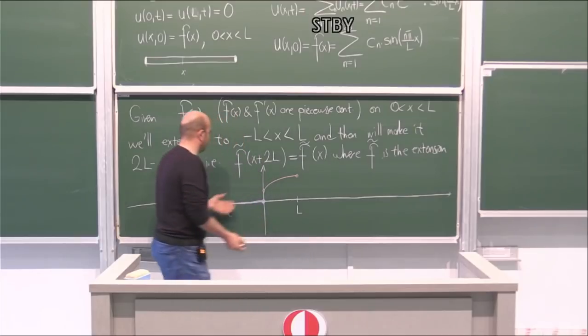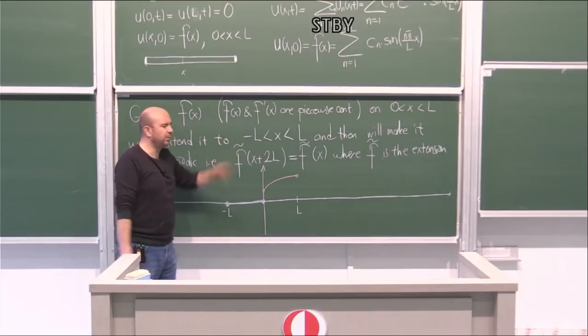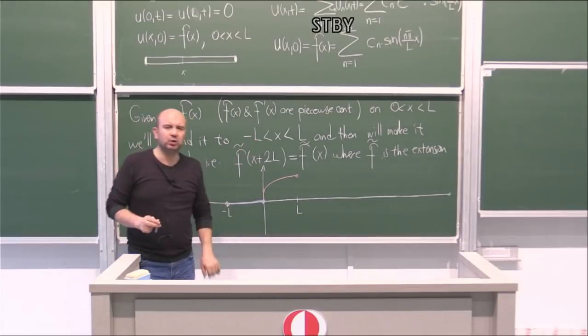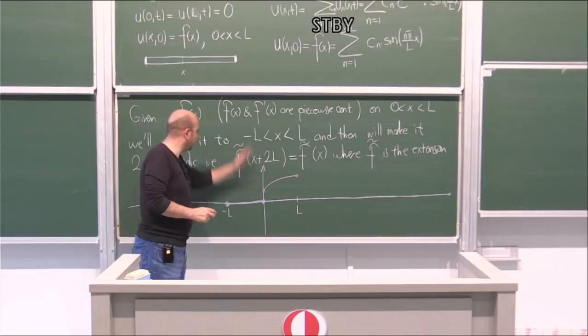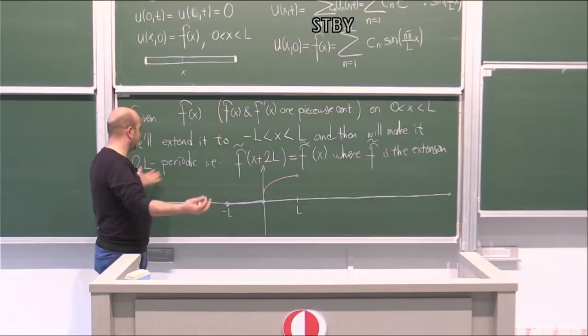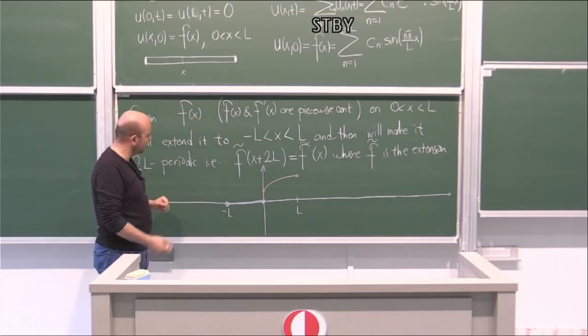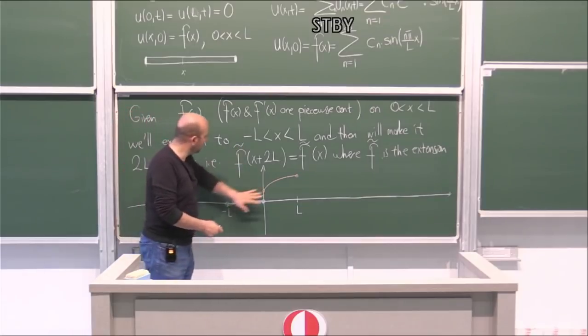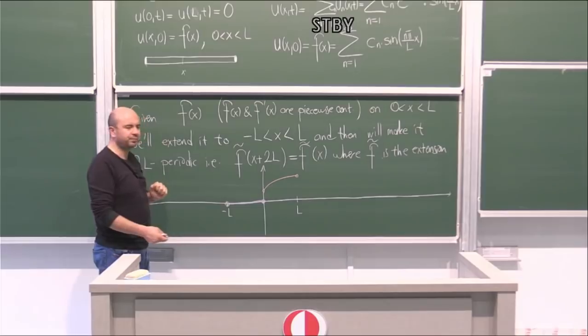This is an easy extension. You could do all other possible extensions, as long as you make it piecewise continuous, so don't send it to infinity or minus infinity. So this is an extension, and this is now my f tilde, the extended function.